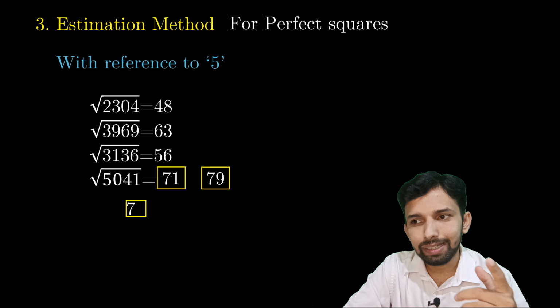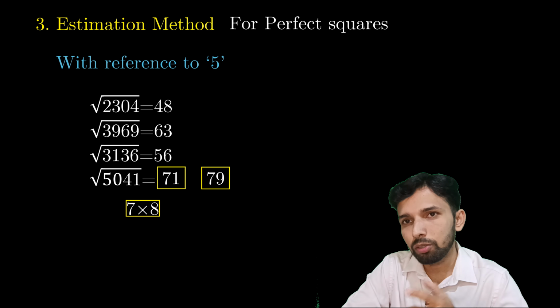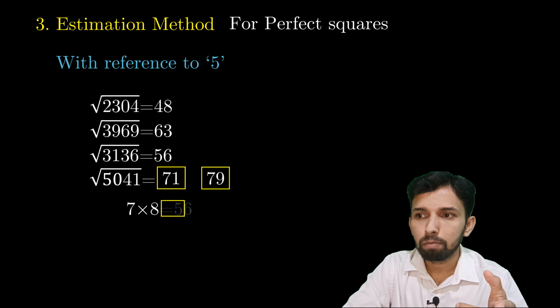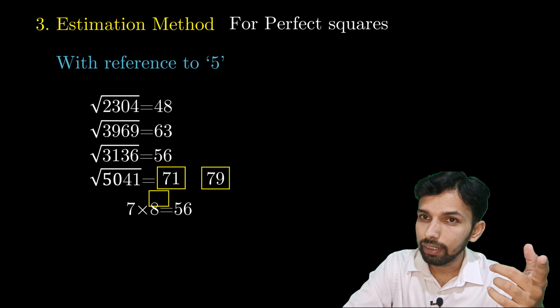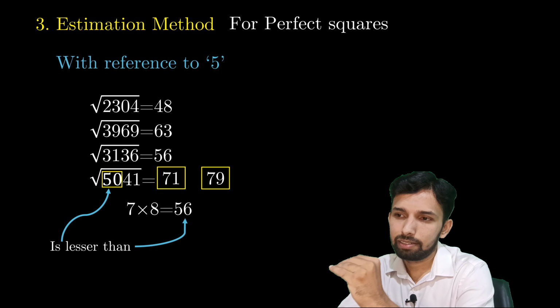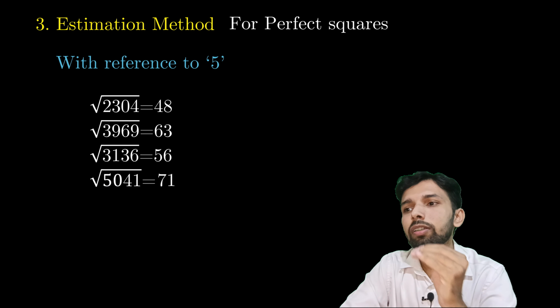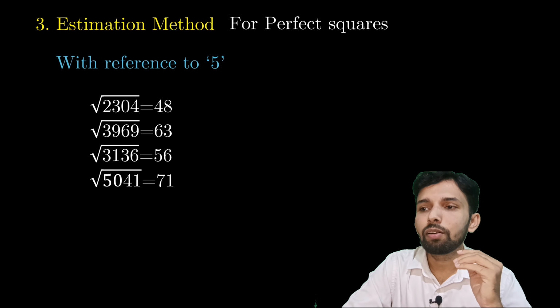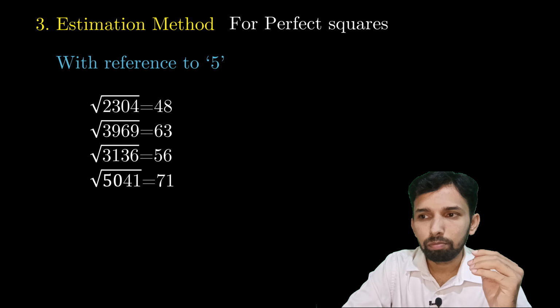Now we'll multiply 7 with the next consecutive digit, 7 times 8, which is 56. Now we compare 50, which we have. You notice that 50 is less than 56. Therefore, the smaller number is the answer, giving us 71. The square root of 5041 equals 71.